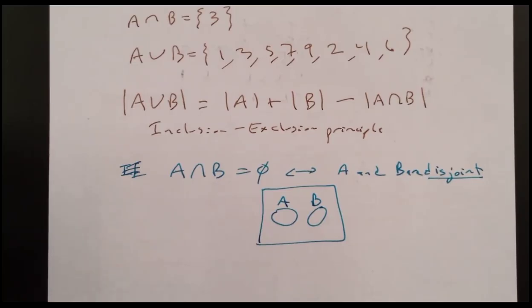If I do have an overlap, well, then that's A intersect B. What about the other part? Let's go back to where we had an overlap.